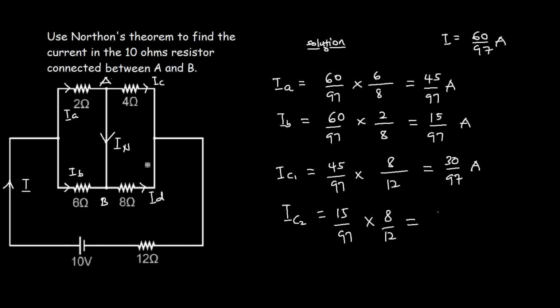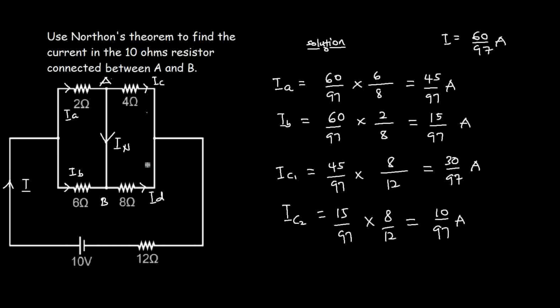This will give me 10 on 97 amperes. So when IB is acting as the source current for the right side of this circuit, the current flowing through the 4 ohms resistor, which is IC2, will be 10 on 97 amperes.